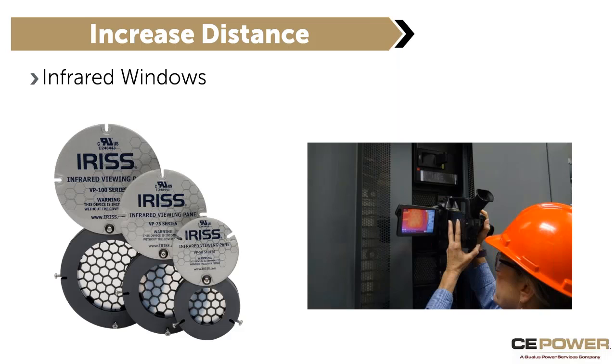So if you're looking at any kind of bus connections that are of concern, or cable terminations, you can safely do so without having to remove the panel. Not only are you exposing yourself to the bus and the cable, but you have the risk of potentially dropping the panel into the switchgear, which does happen on occasion.